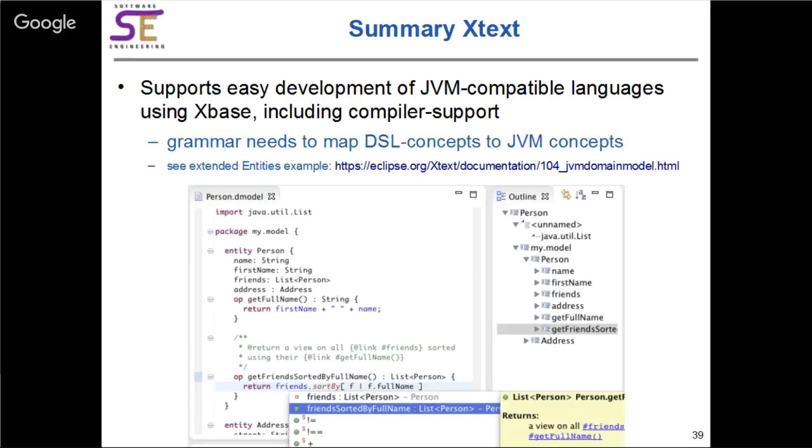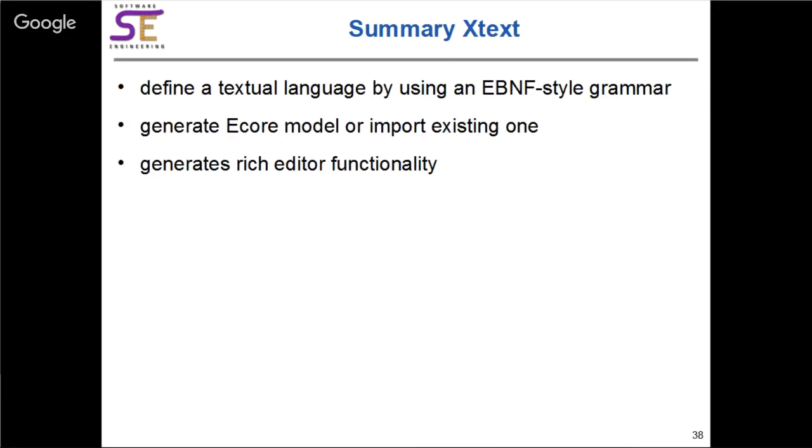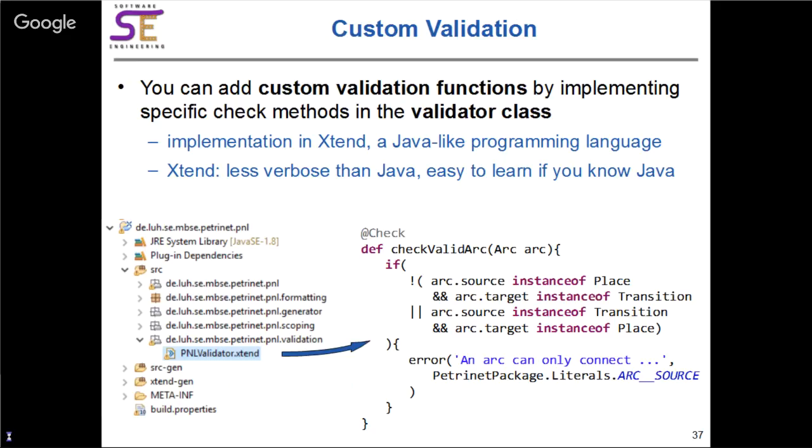So to Java-like concepts, and then you are able to create languages which are executable on the Java virtual machine, just like Java. For example, the language which you saw, which allows you to define these validation functions, is called Xtend.